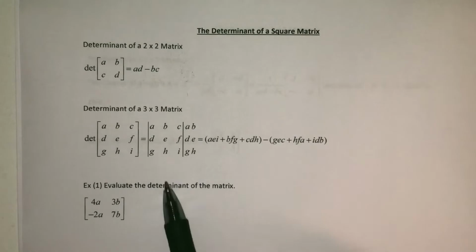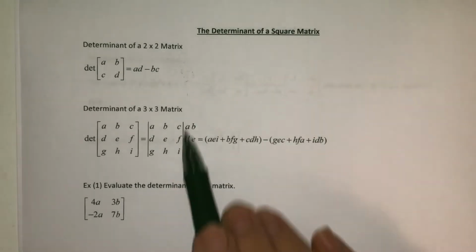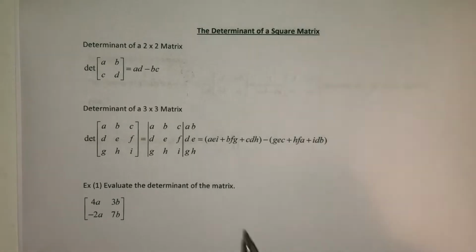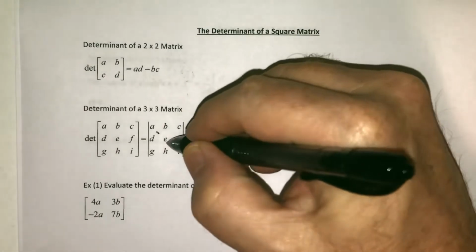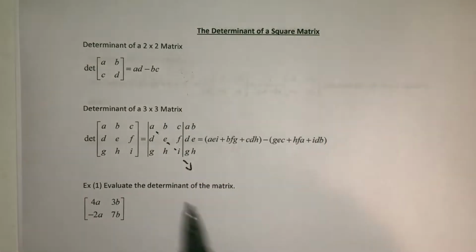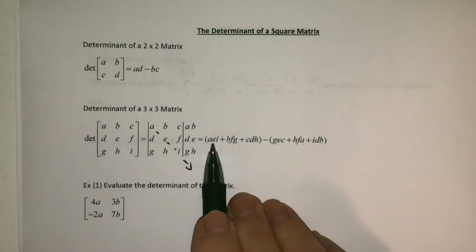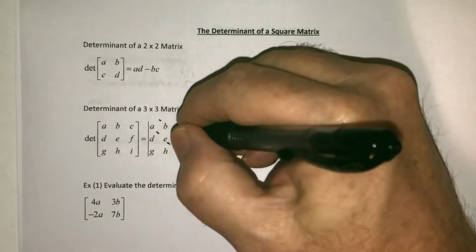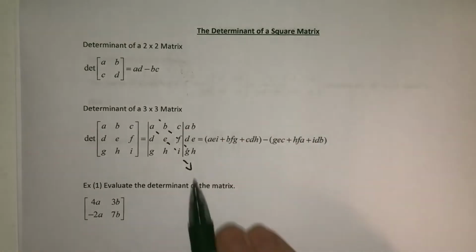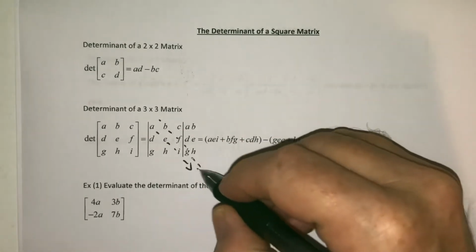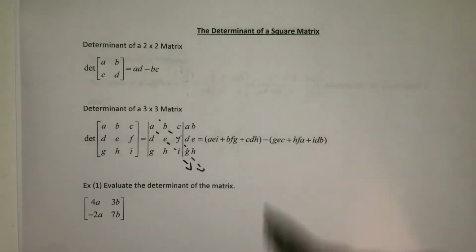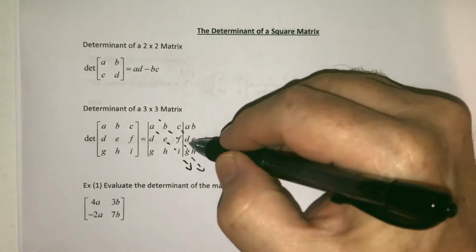If you have a 3 by 3 and you want to find its determinant, what you would need to do is copy the first 3 columns, then copy the next 2 columns, the first and second again. Then you would come down and do this product, which is AEI, that's a diagonal, and then this other diagonal, BFG, plus the next diagonal, CDH.